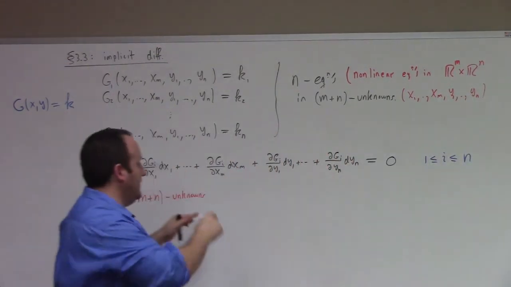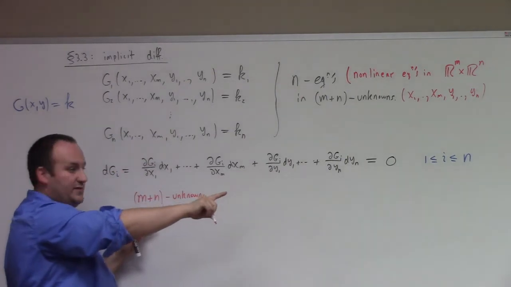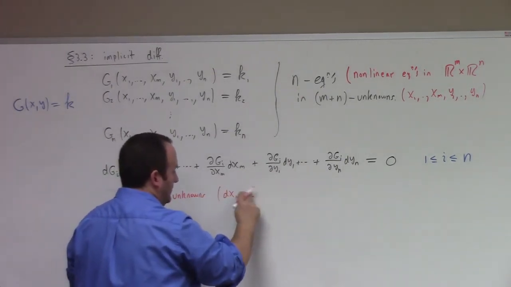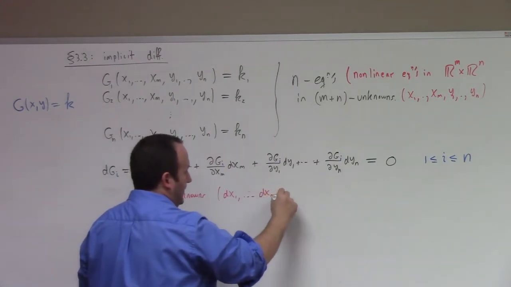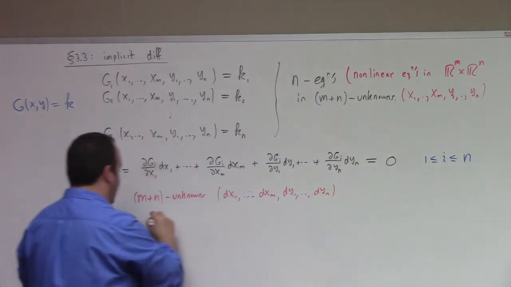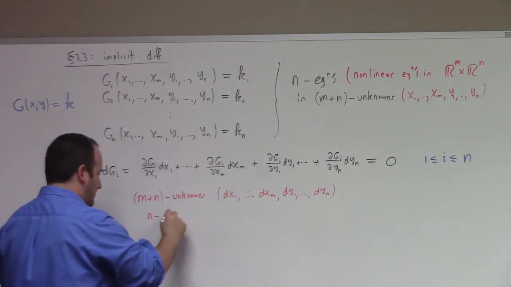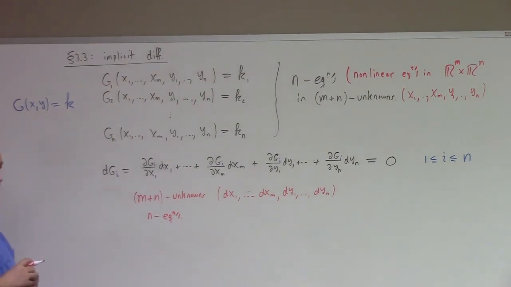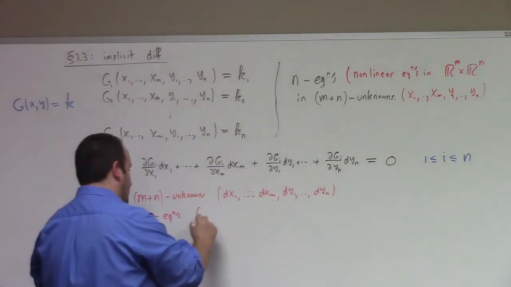Down here, the unknowns in this system of equations are dx1 through dxm, dy1 through dyn. And you notice that we have n equations still, but what kind of equations are they? They are linear.